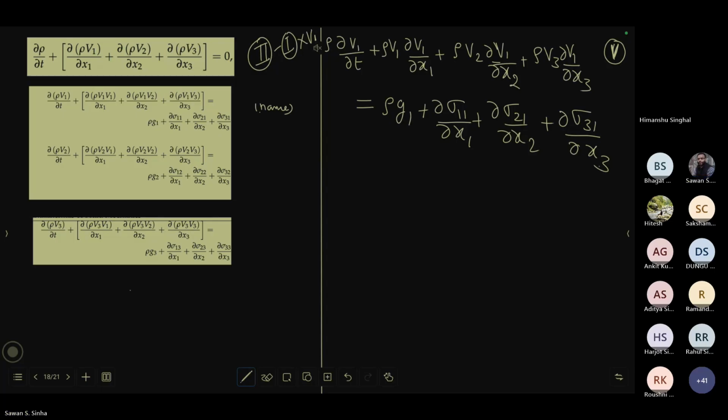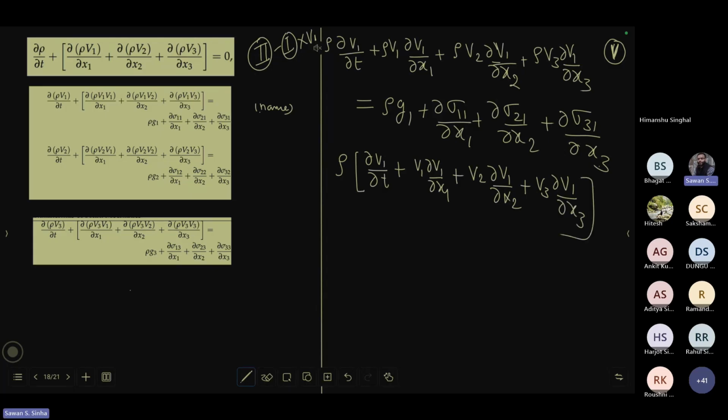Why have I done this simplification? Notice that with this simplification, I can write the left hand side as this. What is nice about this left hand side?